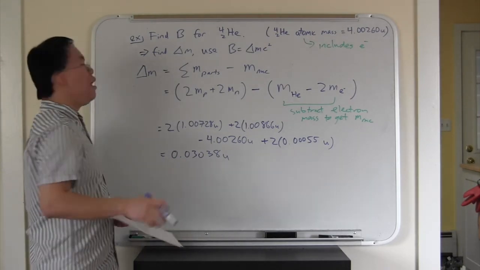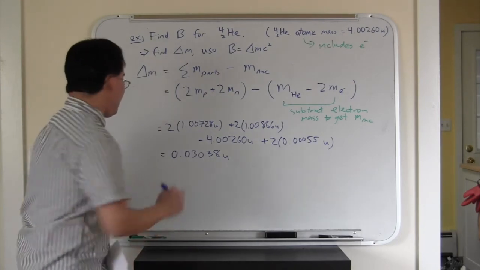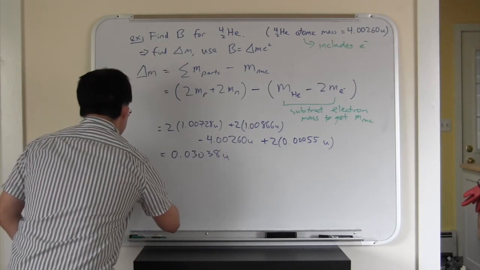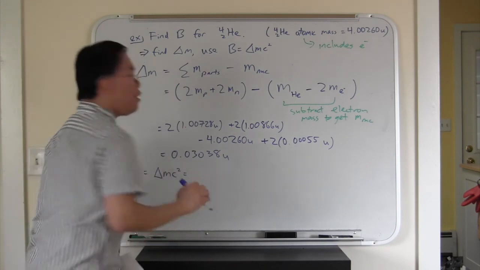Then I can just find my binding energy in MeV. My B is my delta m c squared.